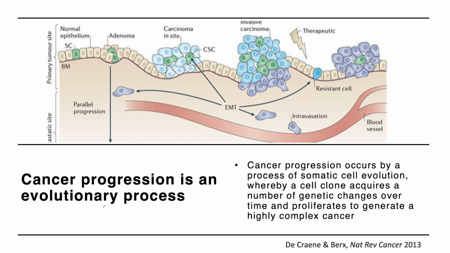Fundamentally, cancer progression is an evolutionary process. As shown in this figure, cancer progression occurs as a cell clone acquires genetic changes over time, for example, the activation of oncogenes or inactivation of tumor suppressor genes.